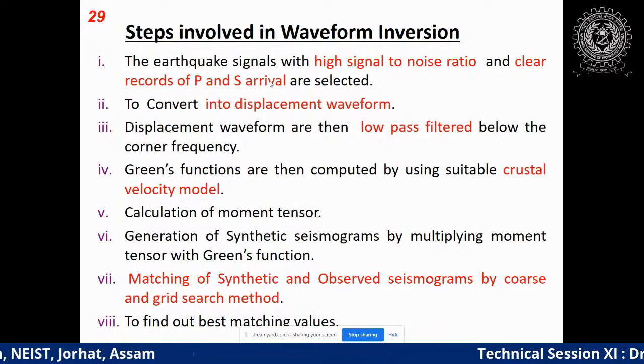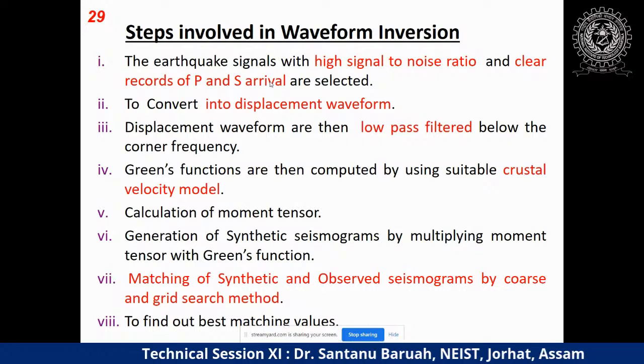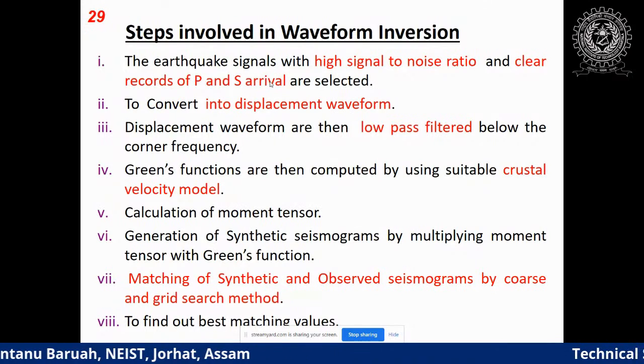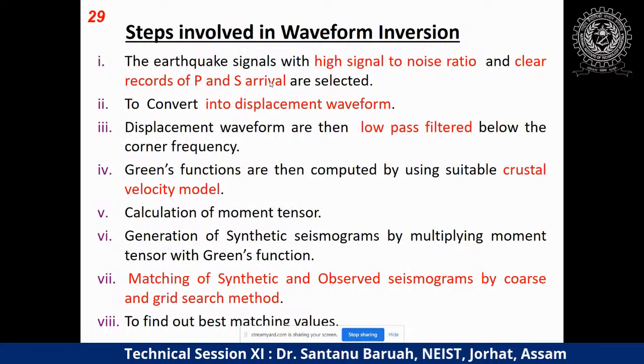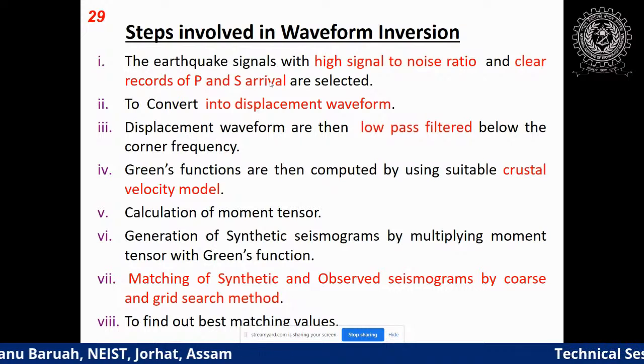Then we calculate the Green's function from a suitable crustal velocity model, and after that, we calculate the moment tensor. After calculating the moment tensor, the synthetic seismogram can be obtained by multiplying the moment tensor with the Green's function. Later, we match the synthetic and observed seismograms, and if the matching is perfect, then we get the required source parameters for that particular earthquake.